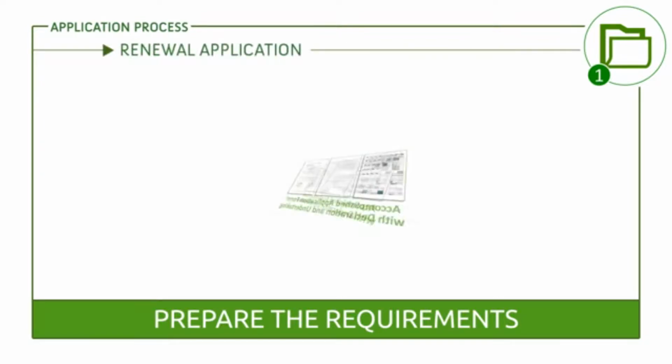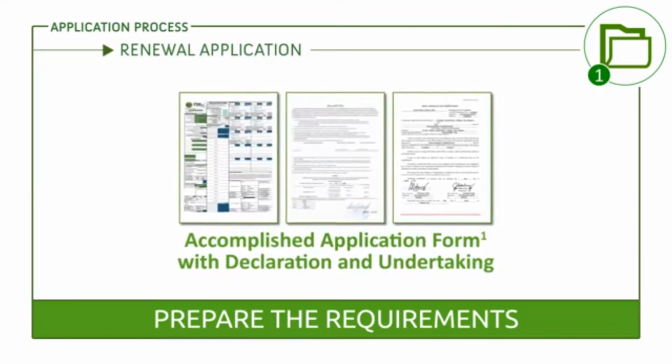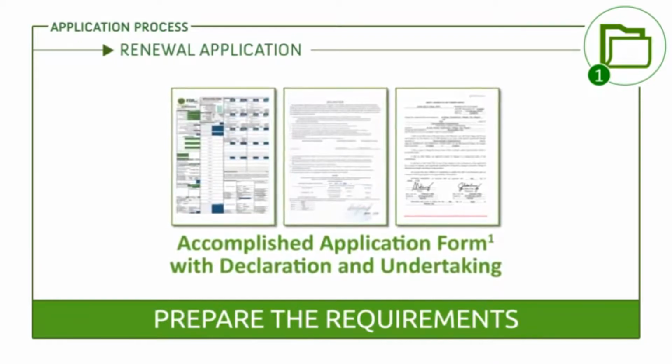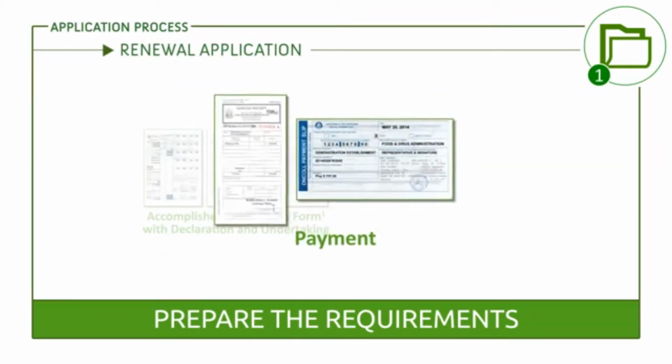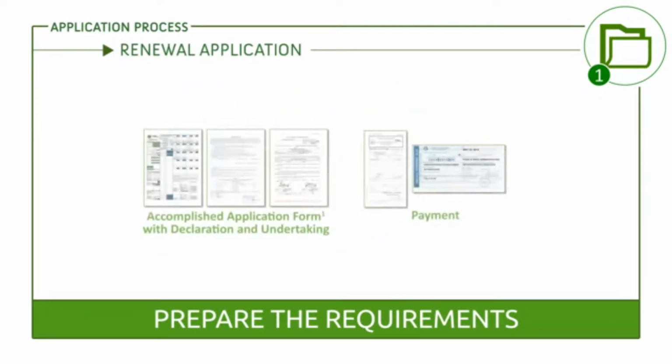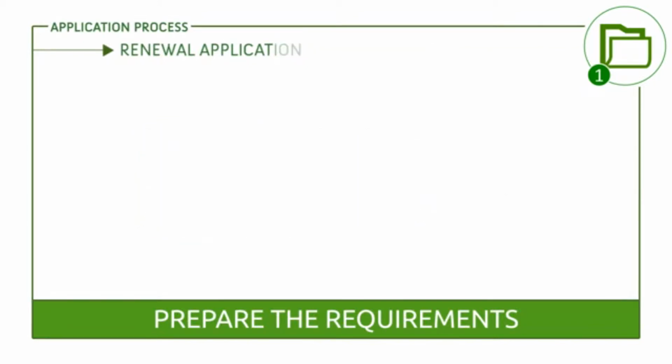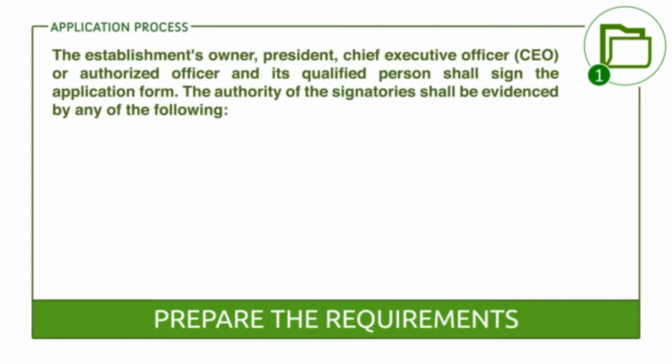For renewal application, accomplished application form with declaration and undertaking, and payment. The establishment's owner, president, chief executive officer, CEO, or authorized officer and its qualified person shall sign the application form.